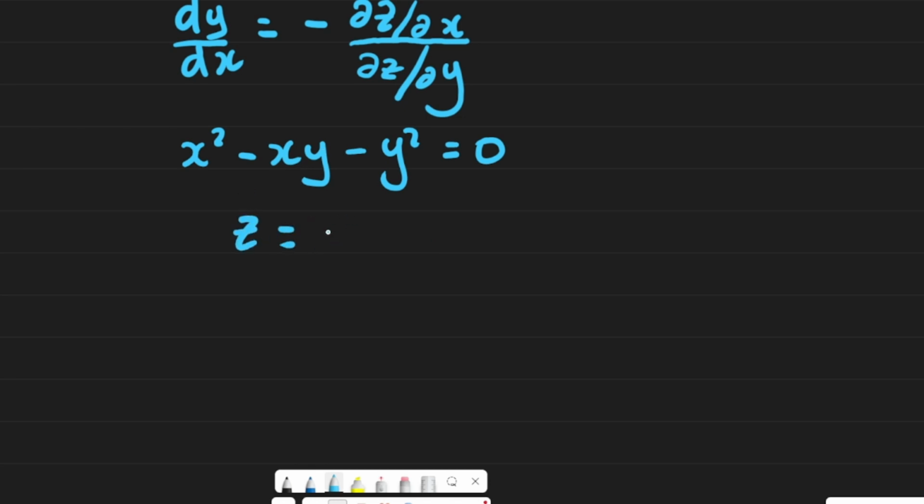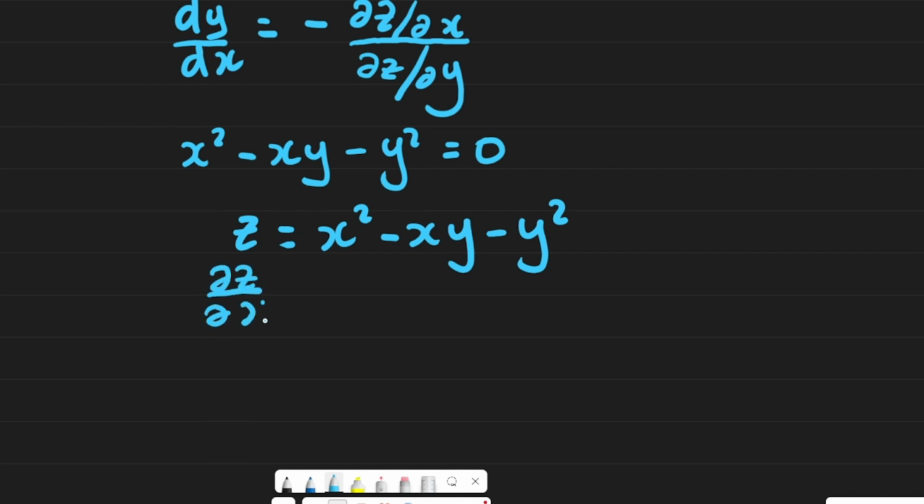So we'll state that z is equal to x squared minus xy minus y squared. And we firstly compute dz dx. So dz dx is equal to 2x minus y. Of course, we treat y as a constant, and then we do the same with y.